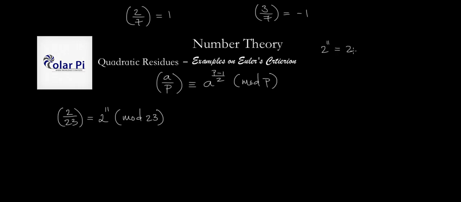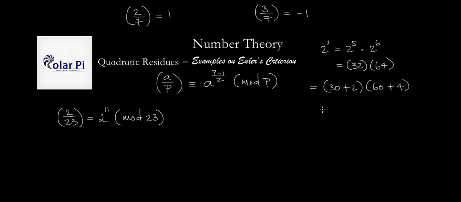We've got 2 to the 5 times 2 to the 6, and 2 to the 5 is 32, so we've got 32 times 64, and we can do that as 30 plus 2 times 60 plus 4.